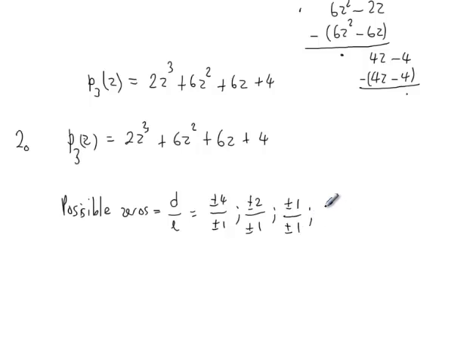I'm going to say plus minus 4 over plus minus 2, then plus minus 2 over plus minus 2, then plus minus 1 over plus minus 2.